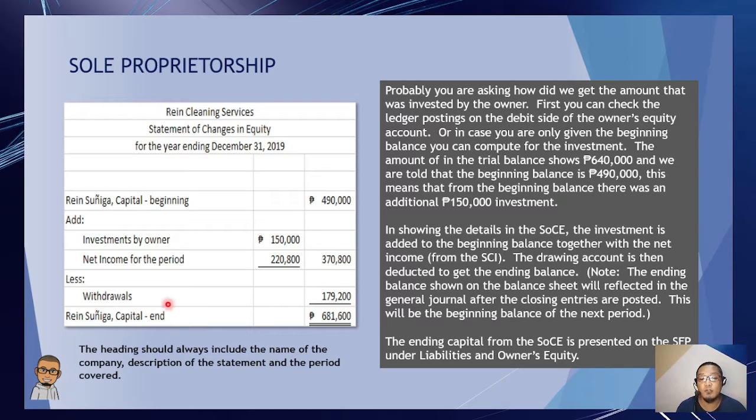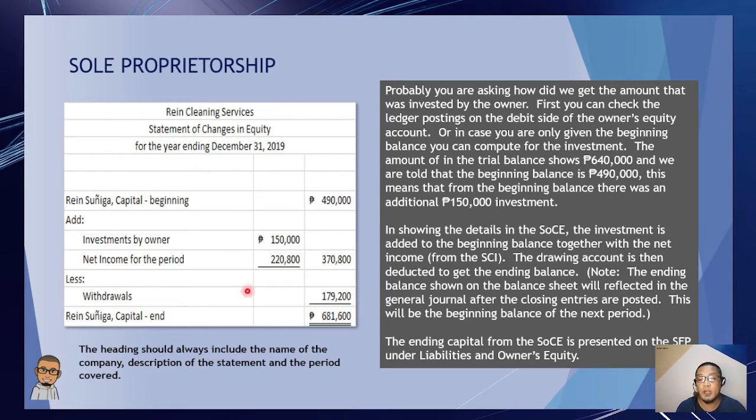Now, withdrawals, you also have to show that separately so that the users will know how much contribution the owner put into the company, how much was the income of our company for the period, and then how much was the withdrawal.